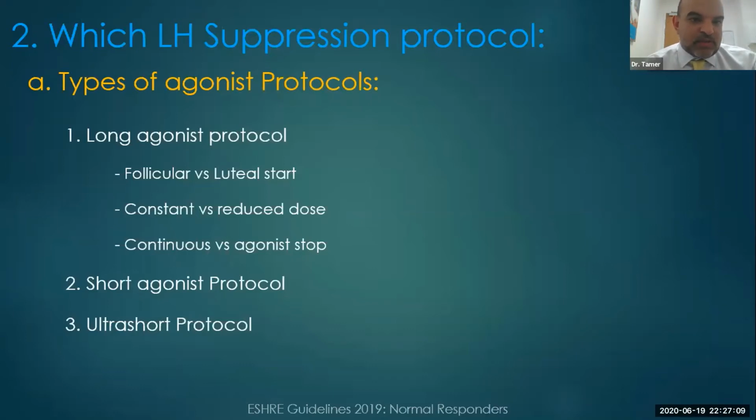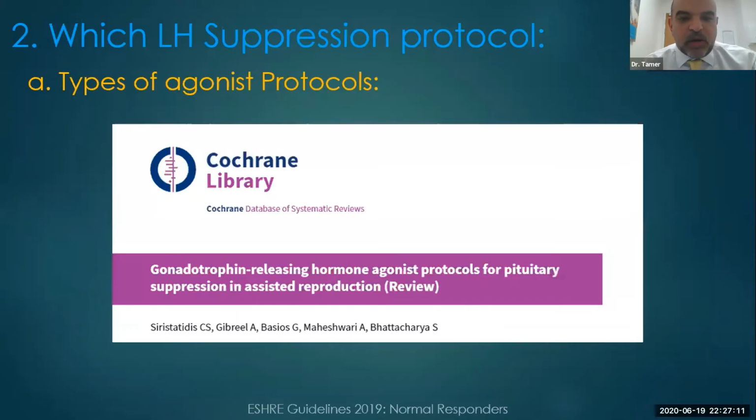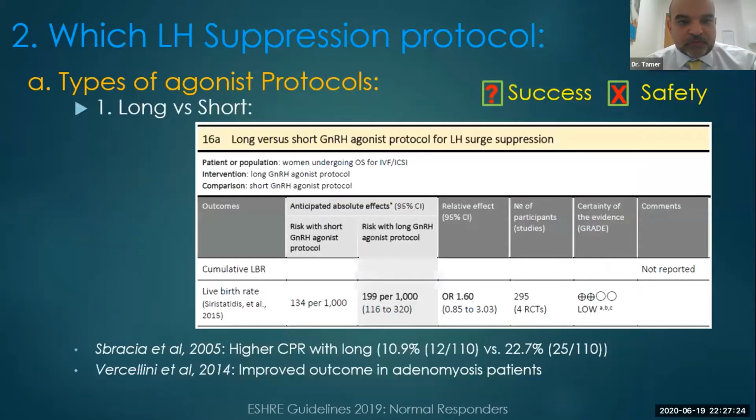So what does the evidence say? Well, I must say that the evidence is in large part reliant on the beautiful Cochrane systematic review that's published by Professor Bhattacharya and Professor Gibril here, and that was very informative.